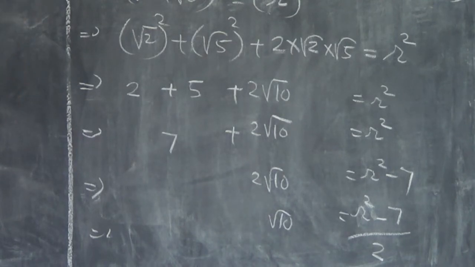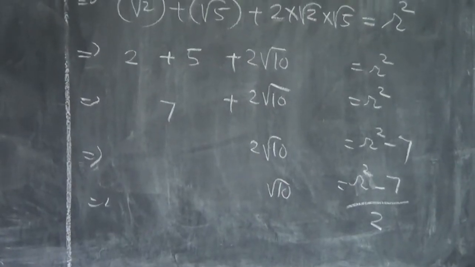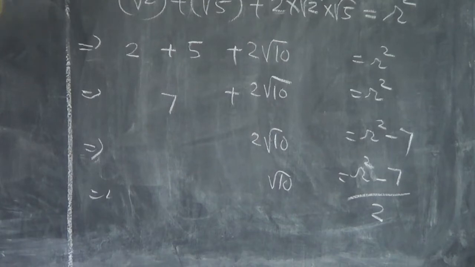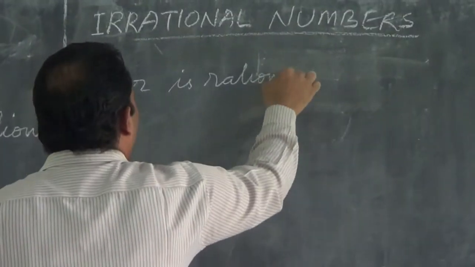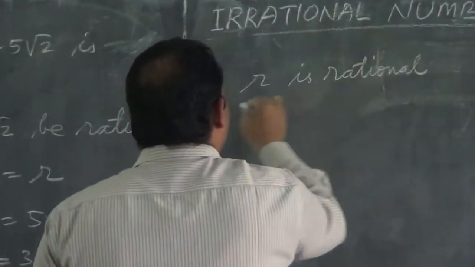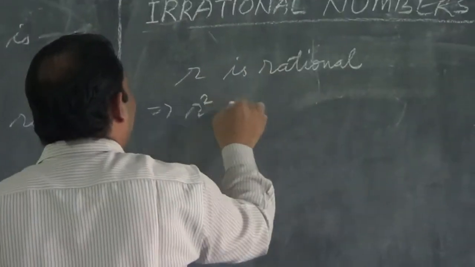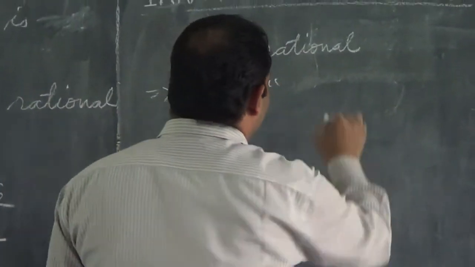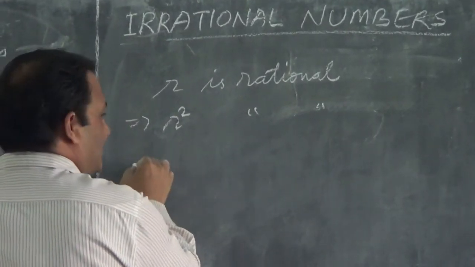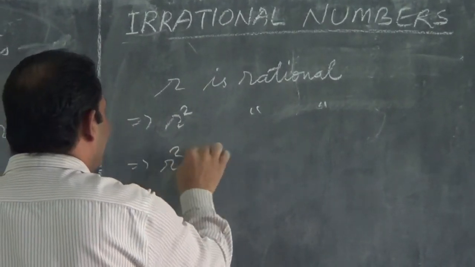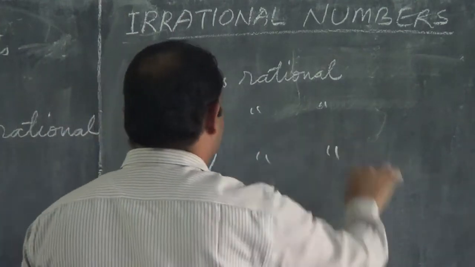And here what we can write? Here we can write r is rational. That implies r square is rational. That implies r square minus 7 is rational.